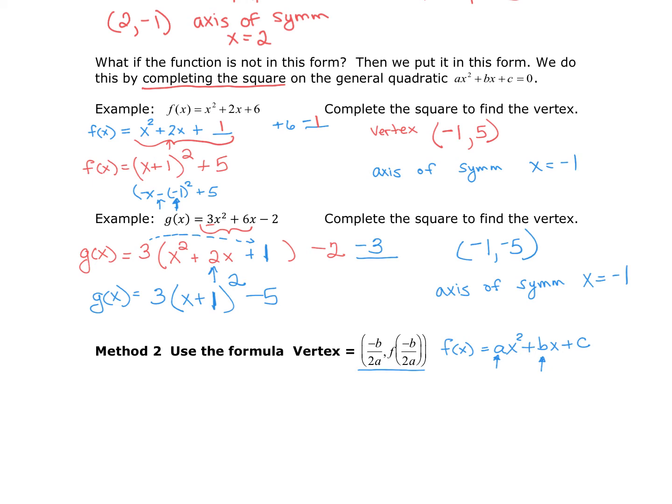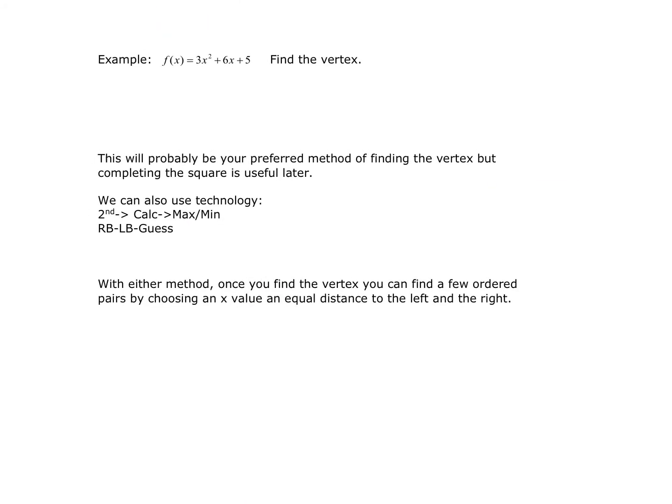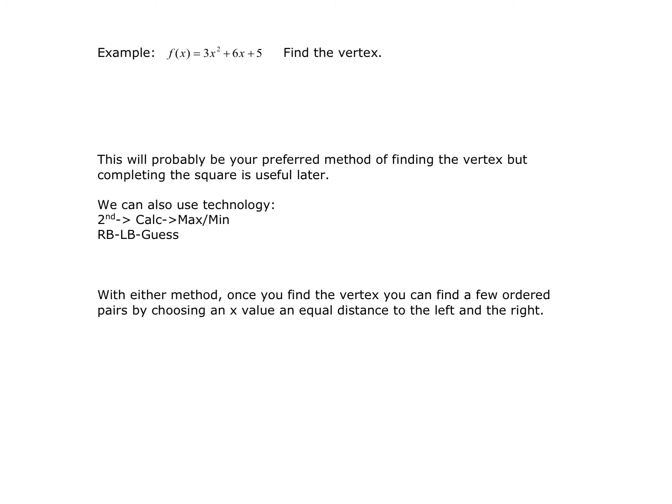So here are some examples. Let's find the vertex of 3x squared plus 6x plus 5. So for my x coordinate, I'm going to do -b over 2a, which in this case is -6 over 2 times 3, or -1. So this is the x coordinate of my vertex.